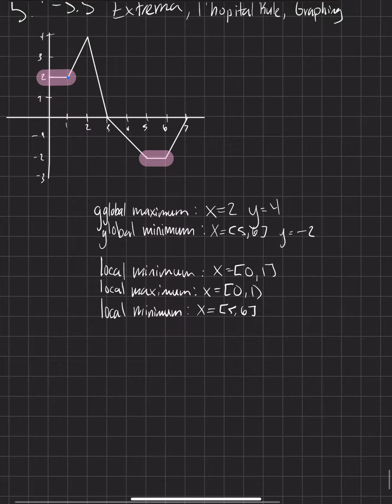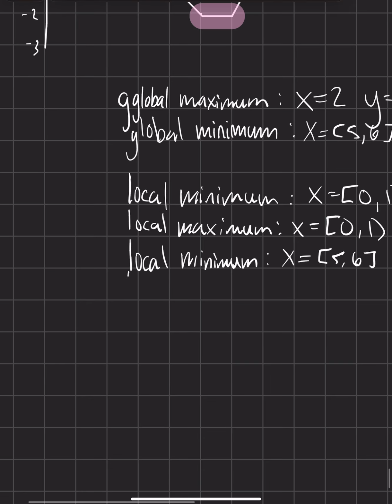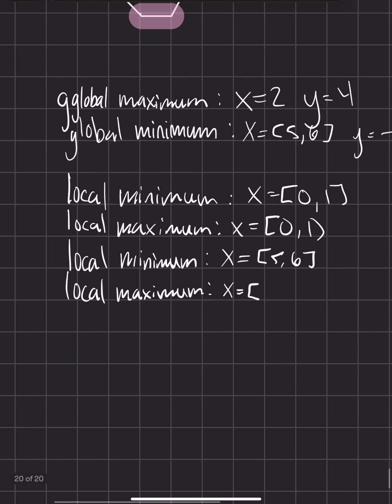But for similar reasons that we talked about before, we also have a local maximum that's included, but it doesn't include the points 5 and 6. So first, I'll write this down and we can re-explain this. So we have a local maximum at x is equal to, well, not including 5 or 6.